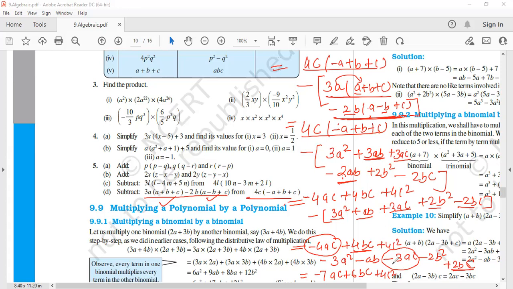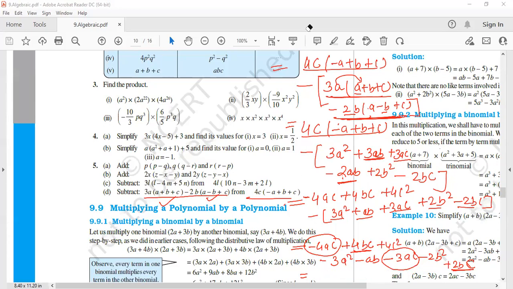Now a square: there is only minus 3a square, so keep it the same, no change. And ab: there are no other terms of ab anywhere, so keep it the same, minus ab.